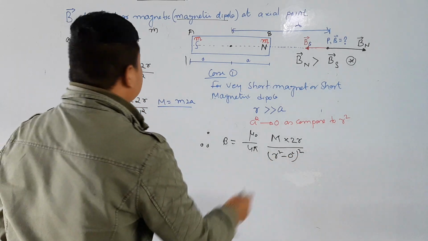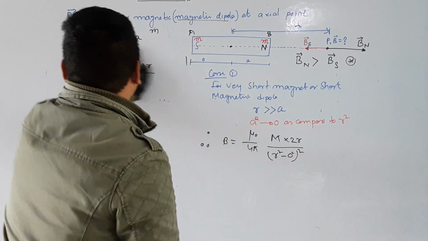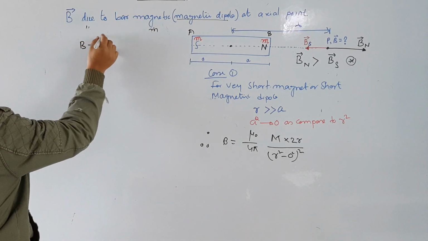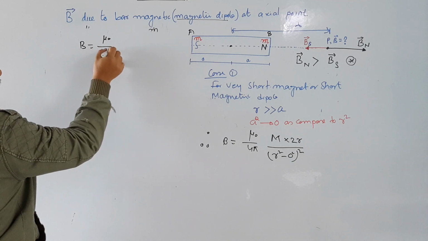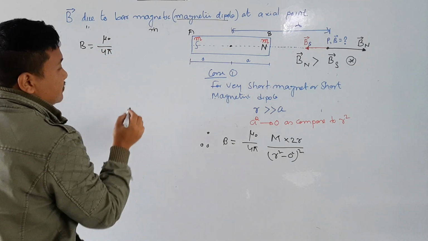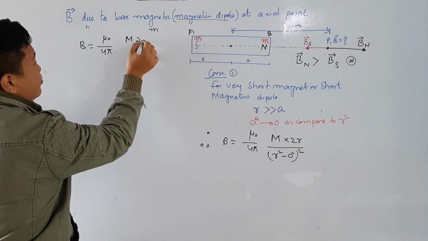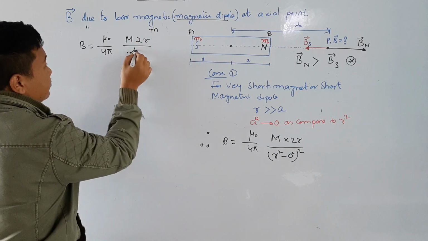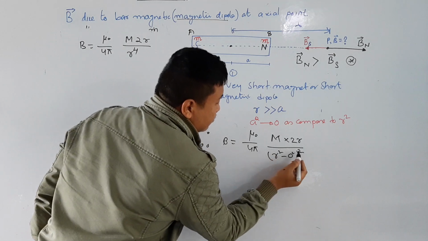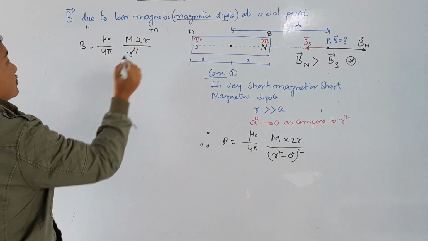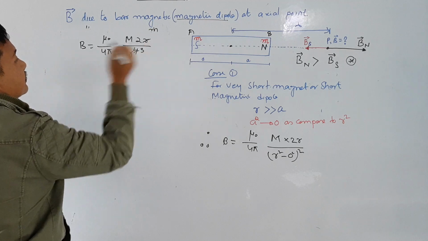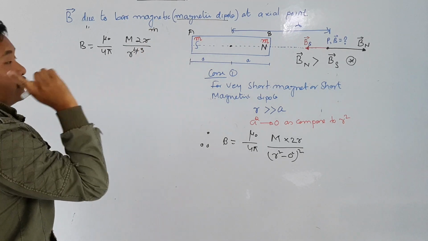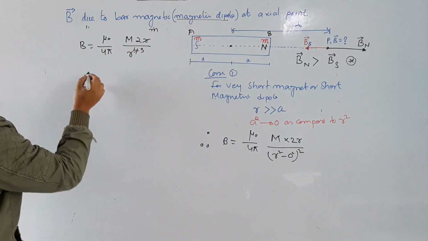Because A square is 0, I get the magnetic field as mu naught by 4 pi, M into 2R divided by R to the power 4, because 2 into 2 will become 4 and R square whole square gives R to the power 4. One R will cancel, so it becomes R to the power 3.